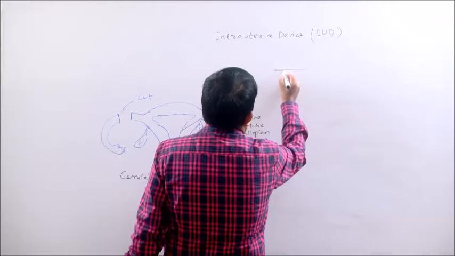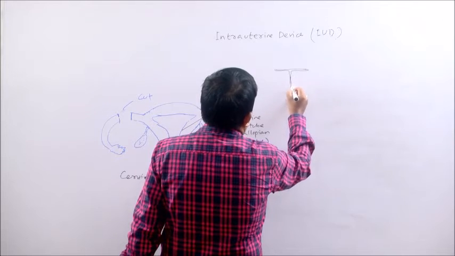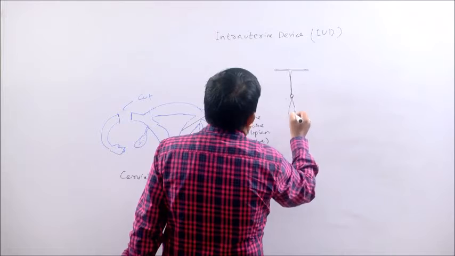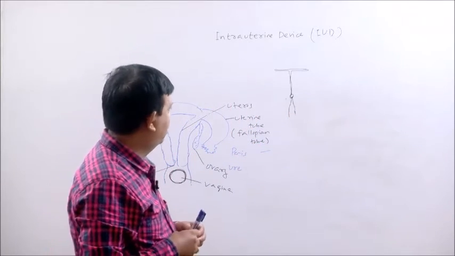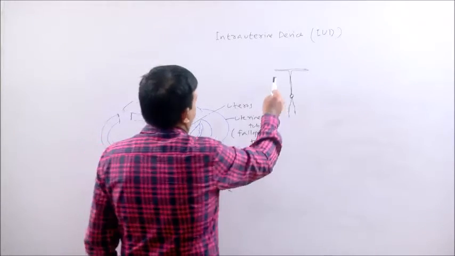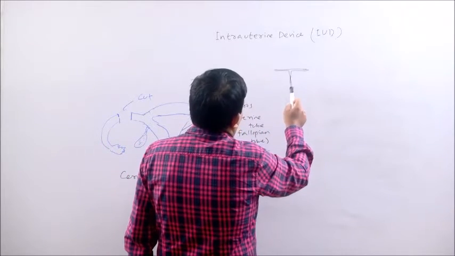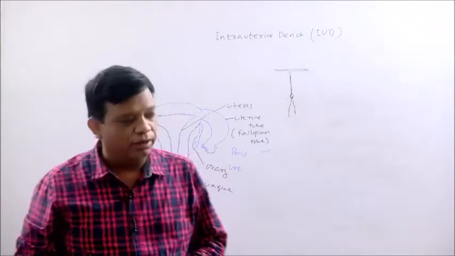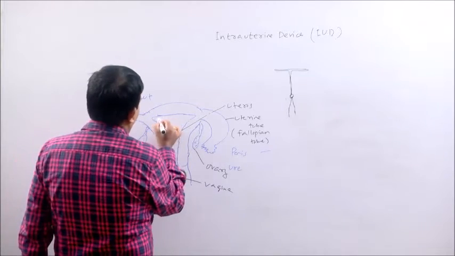Often it is in the form of English letter T. This is how one intrauterine device looks. You can see here it is shaped like English letter T. It is either made of plastic or copper or of stainless steel. It is placed in the uterus like this.